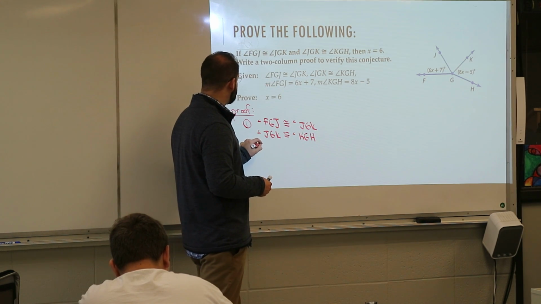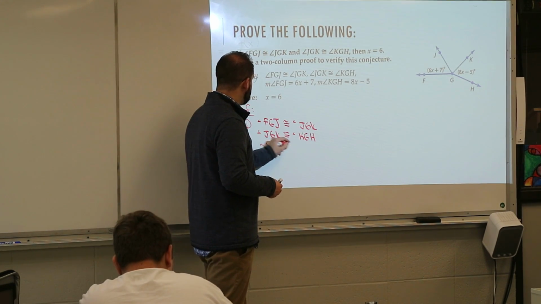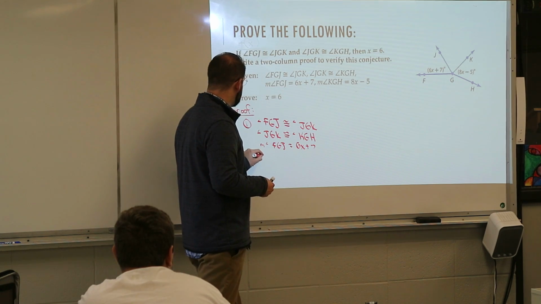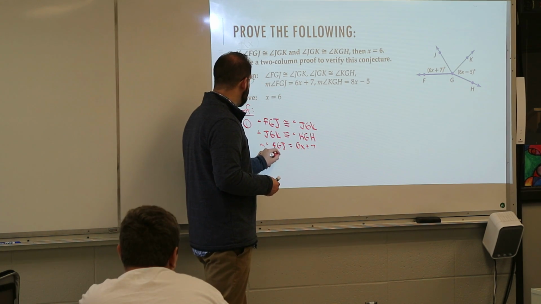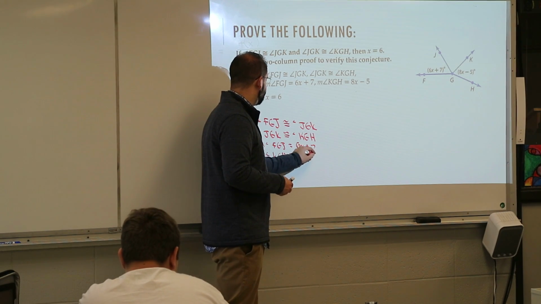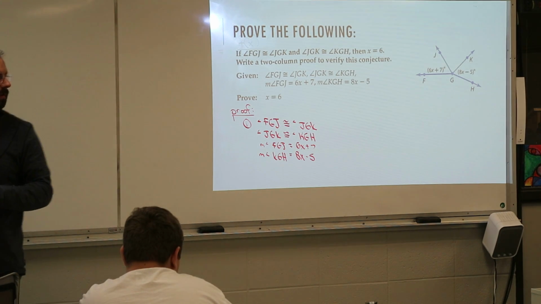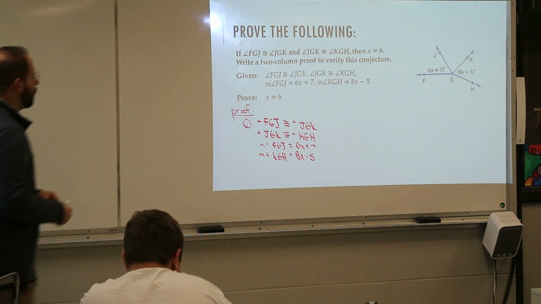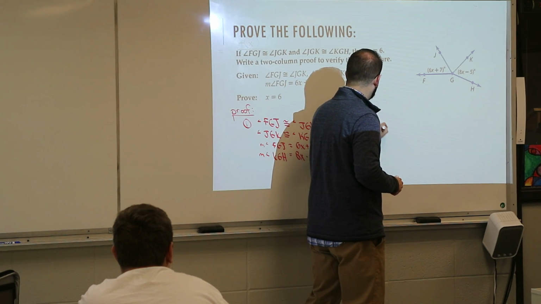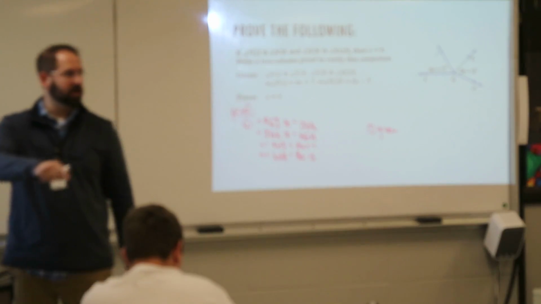And we're given that the measure of angle FGJ is 6x plus 7, and the measure of angle KGH is 8x minus 5. Those are all the givens. When we do a geometry proof, you should never get that first line wrong. It should be all the givens they provided you.